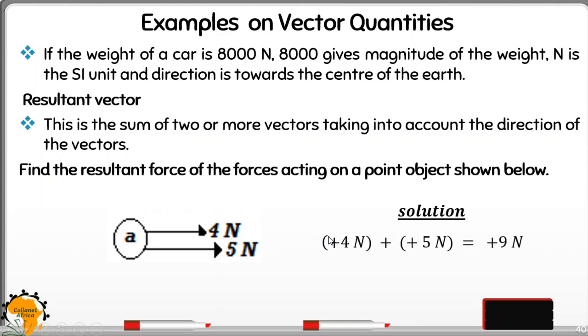Now to get the resultant, because they are acting in the same direction, we take that direction to be positive and therefore we add. So we have positive 4 plus positive 5, you get positive 9. So our resultant will be larger like this because you have added the two. Remember, the length of the arrow represents the magnitude. So by combining the two, this should be larger than both of them.